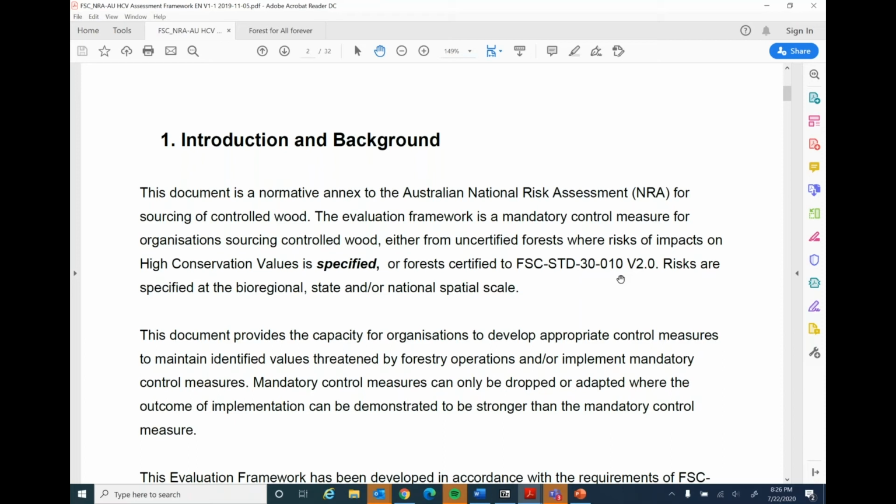Sure, yeah. So there are essentially the two controlled wood standards: the 40005, the chain of custody controlled wood, and then the 30010, which is more on the forest management aspect.